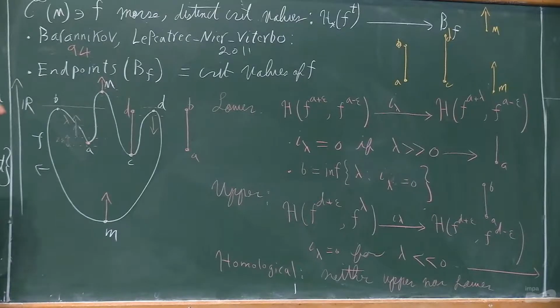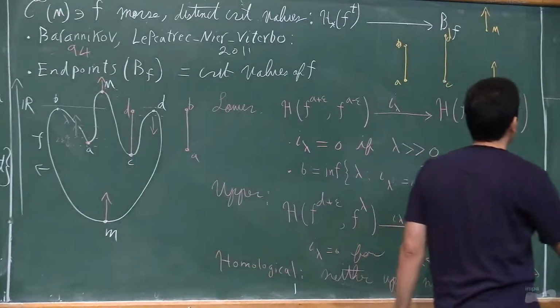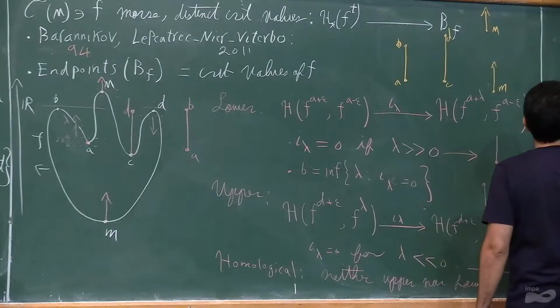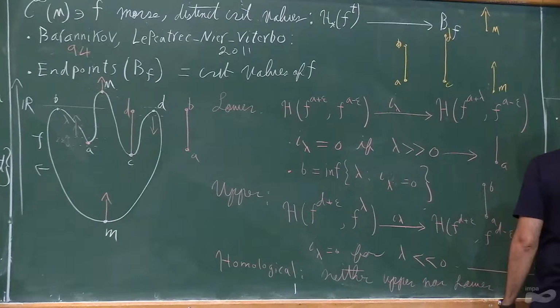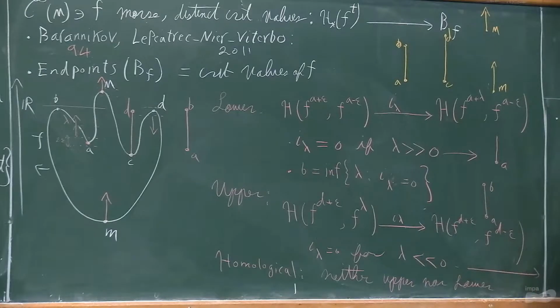Now, as I was saying, one can show that the barcode encodes a lot of information. For one thing, if you have 2 functions such that the barcode of f is equal to the barcode of g, then it tells you that the homology of sublevel sets of f equals the homology of sublevel sets of g for all t. It actually encodes more information than that. Okay?